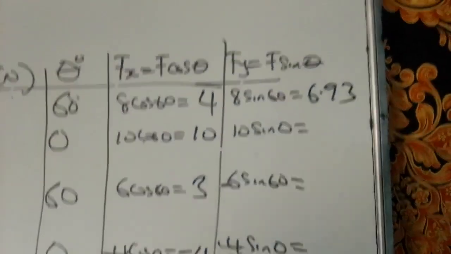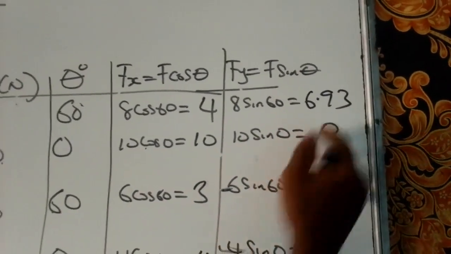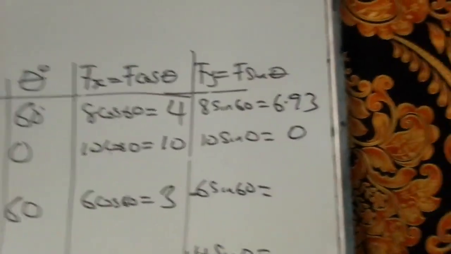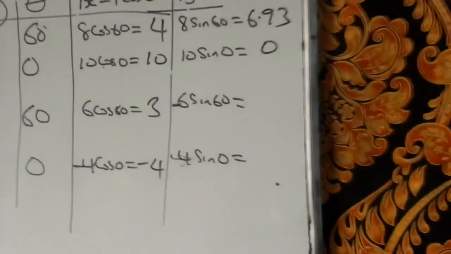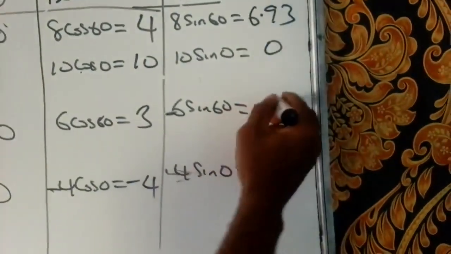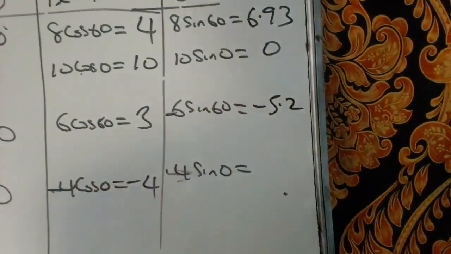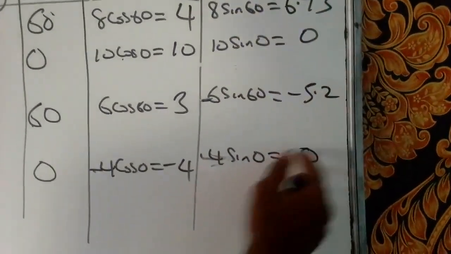Then 10 sin 0, sin 0 is 0, 10 times 0 gives us 0. Then minus 6 sin 60 will give us approximately minus 5.2. And then 4 sin 0, sin 0 is 0, so 4 sin 0 will give us 0.